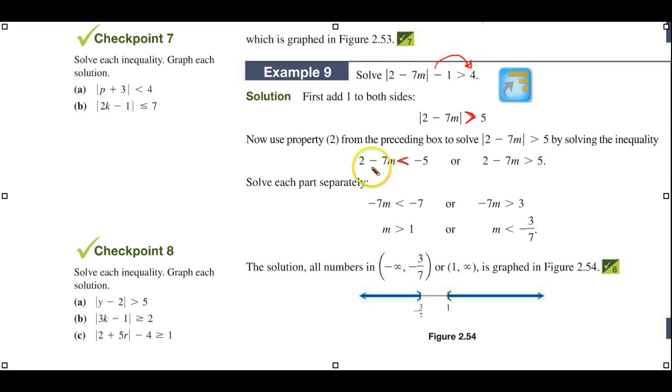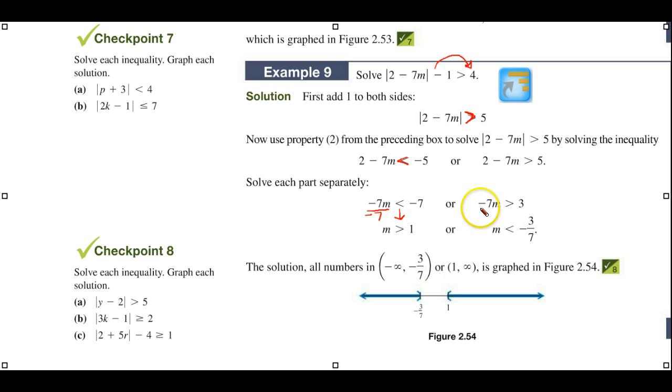So we solve each of these by, in this case, subtracting 2 from both sides. This gives us this. Now dividing by a negative 7. Notice what's happening here. They're taking our inequality sign now and reversing it.